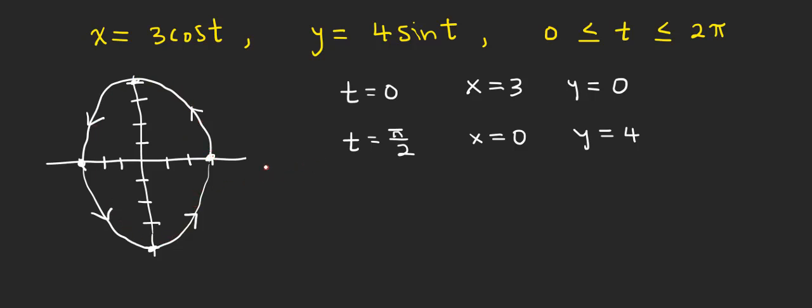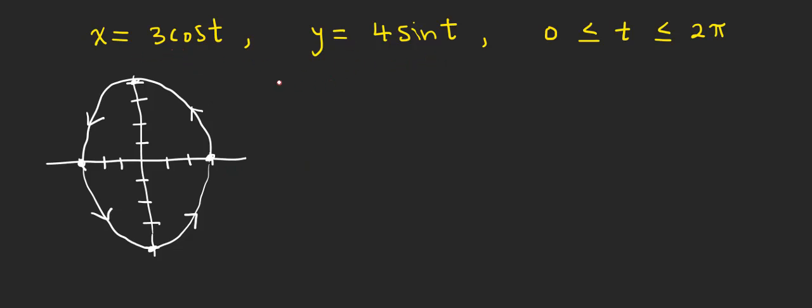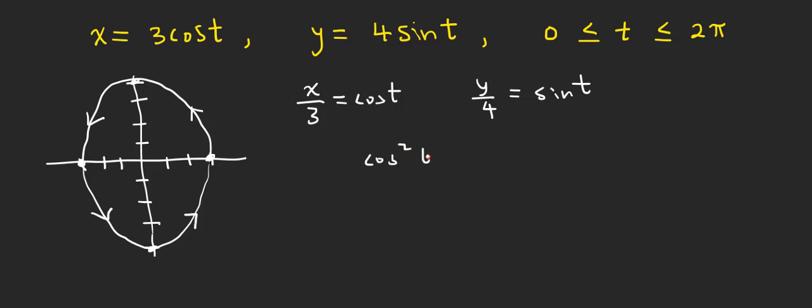Now let's see why this became an ellipse. So let's solve for cosine t. You're going to get x over 3 is cosine t. And when you solve for sine t, you get y over 4 equals sine t. Now again, you know that cosine squared t plus sine squared t is equal to 1.